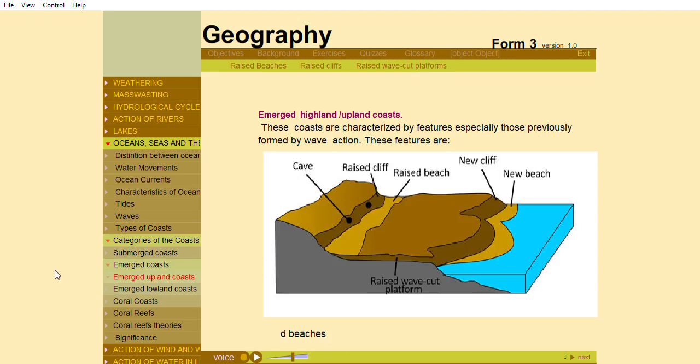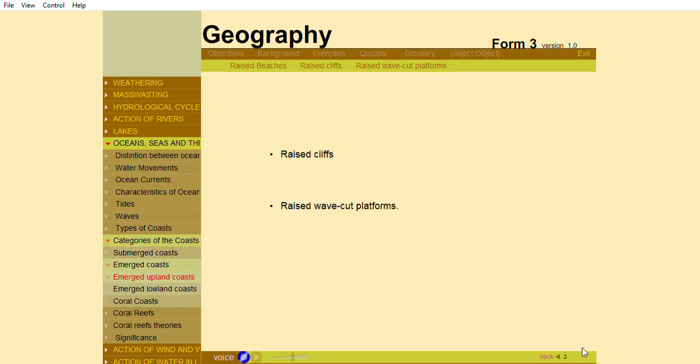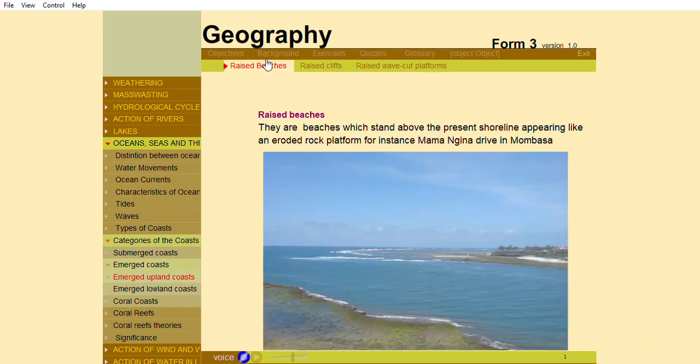Emerged highland or upland coasts. These coasts are characterized by features, especially those previously formed by wave action. Raised beaches.